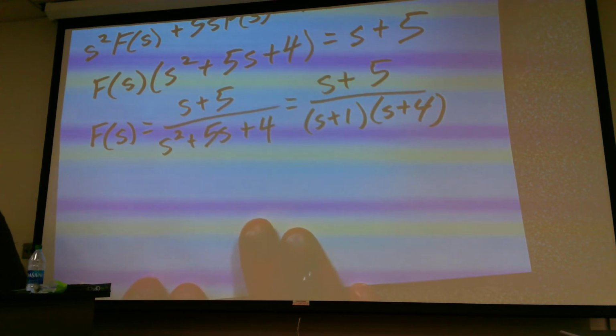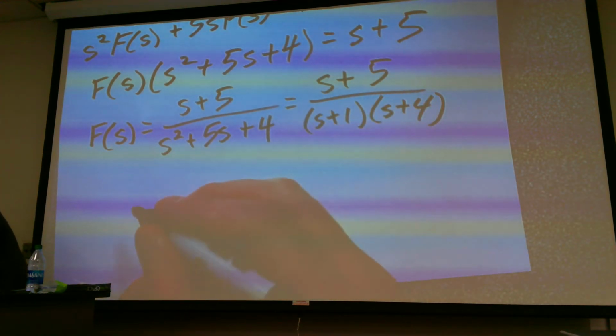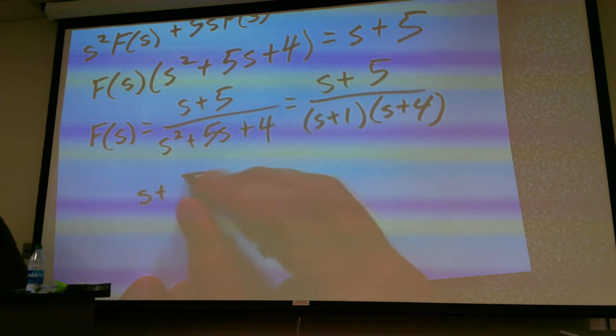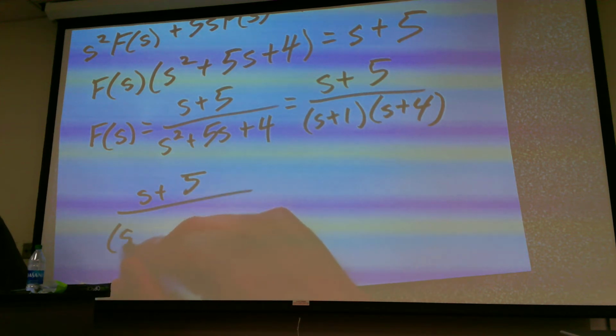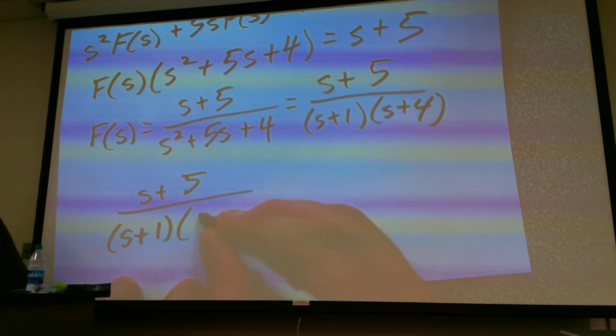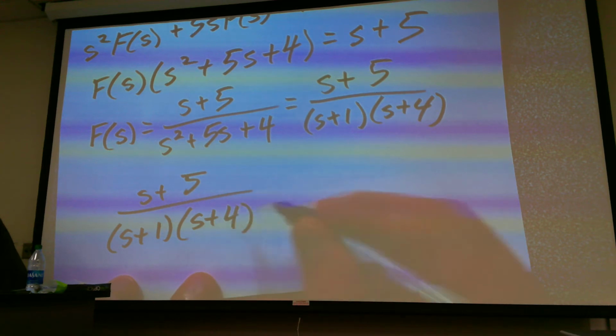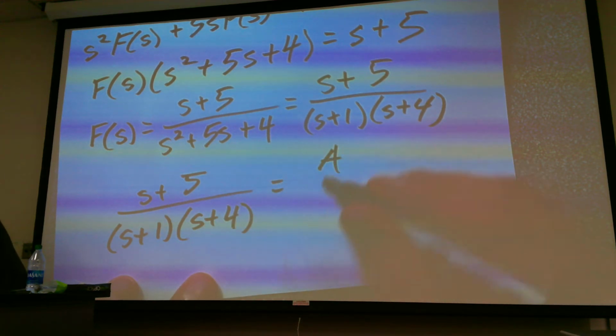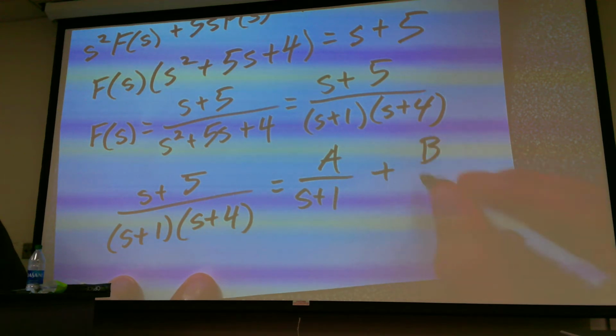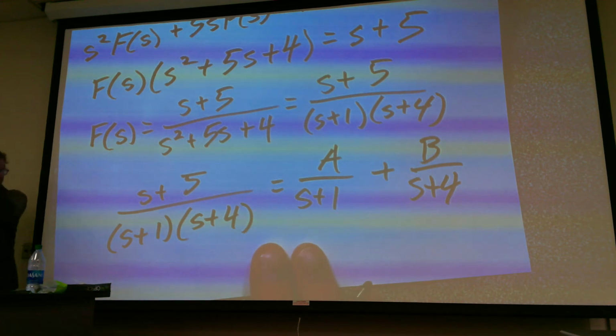So the question that we're going to ask is, well, s plus 5 divided by s plus 1 times s plus 4, this is going to equal A divided by s plus 1 plus B divided by s plus 4. Okay?